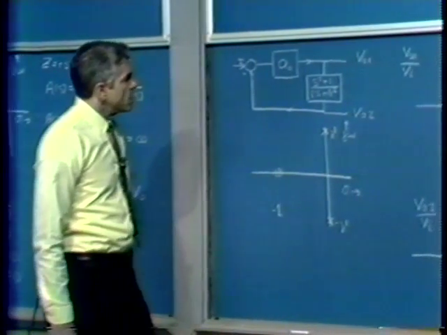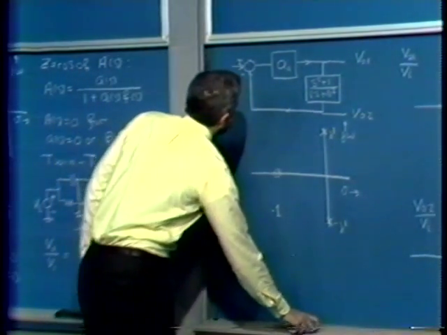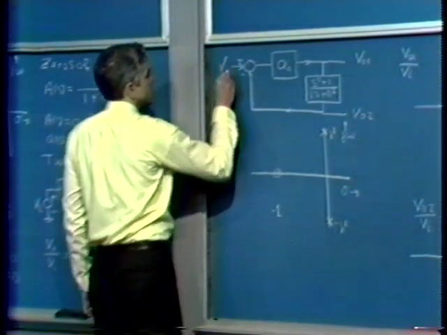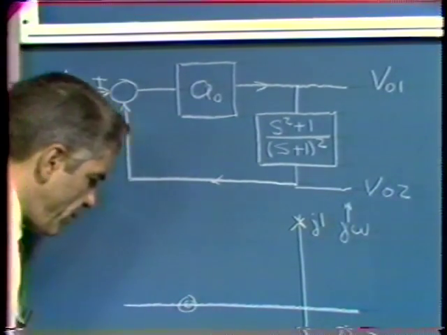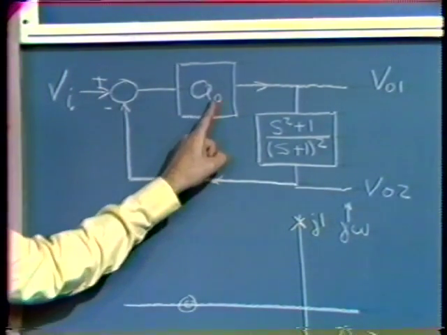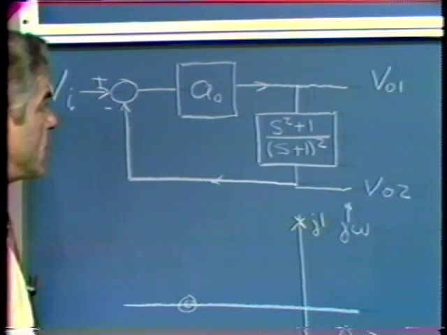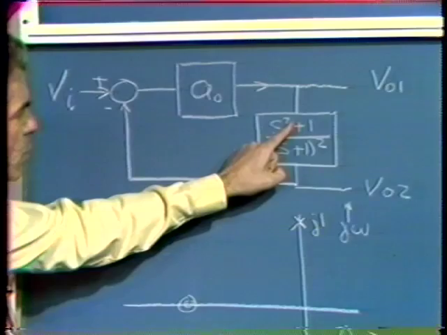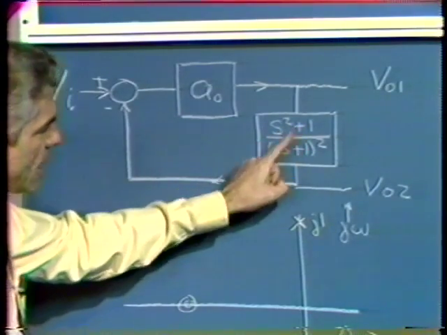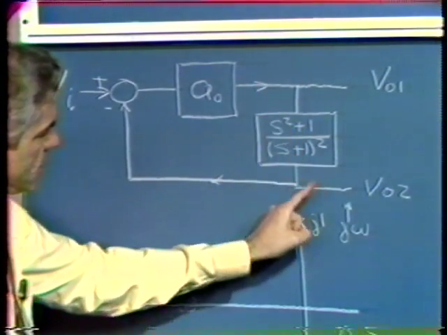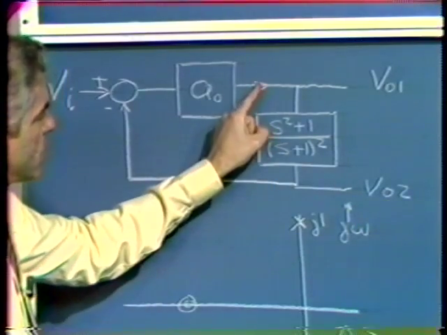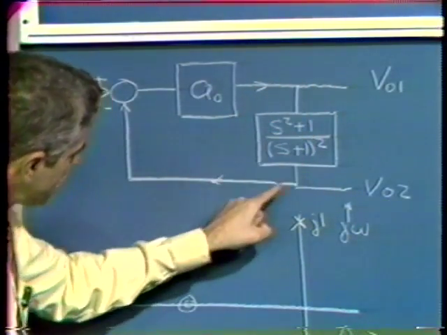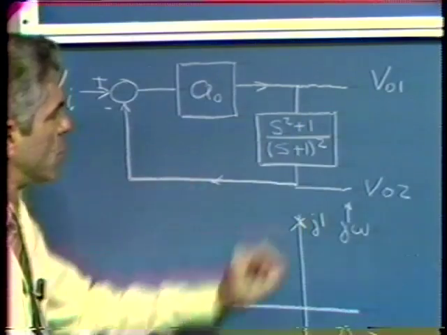Let's suppose that we build a feedback system where we have an input here and a forward path which is frequency independent. We'll designate it as A0. We then use our frequency selective twin T network either as part of the forward path if we're going to the 2 output, or as the feedback path if we're going to the 1 output.